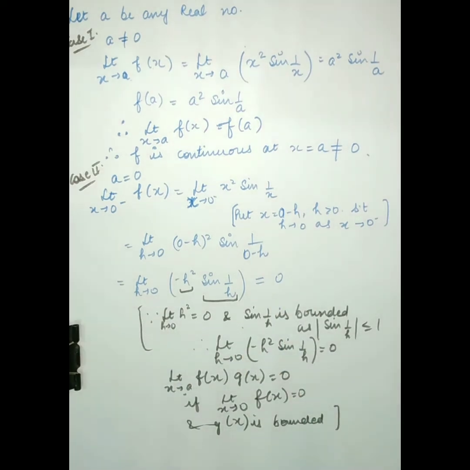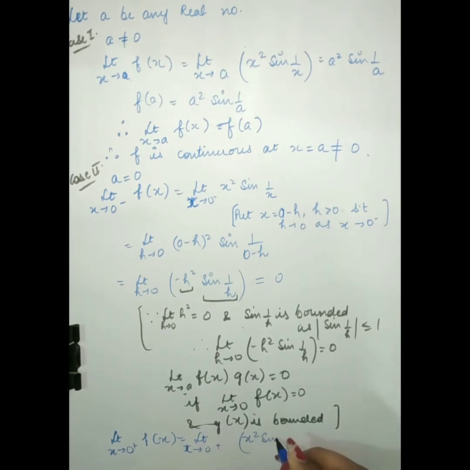Now similarly we solve for the right handed limit, that means limit x approaches 0 positive of f of x. It becomes limit x approaches 0 positive of x square sine 1 by x.